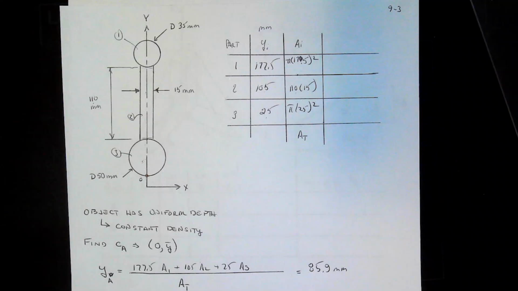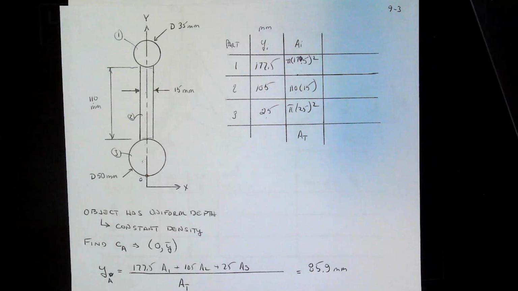For this one, there will be a little bit of error as this piece handles the curvature, but we're going to ignore that. So I have 110 times 15 as my area. And then the last piece, diameter is 50. It's a circle. We have pi times 25 squared.